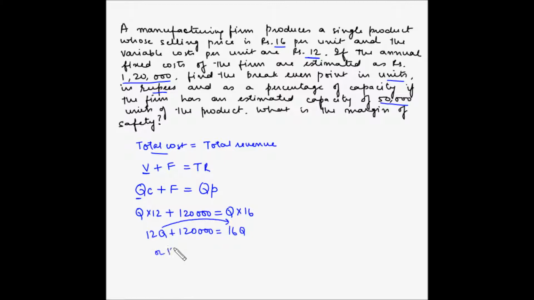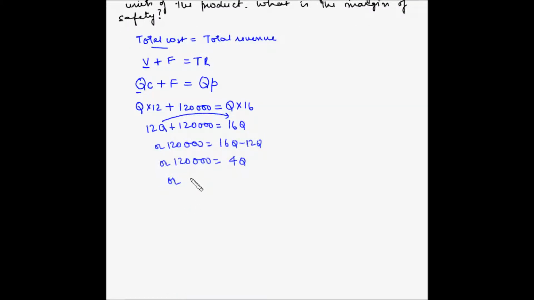So 120,000 is equal to 16Q minus 12Q, or 120,000 is equal to 4 times Q, or Q is equal to 120,000 divided by 4, which is 30,000 units. So this is the break-even point in terms of units.